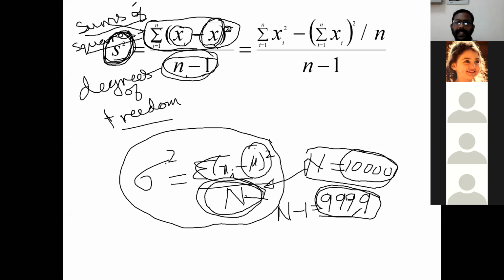No. That is why the population is usually a larger value, so this degrees of freedom N minus 1 will not matter for the population.